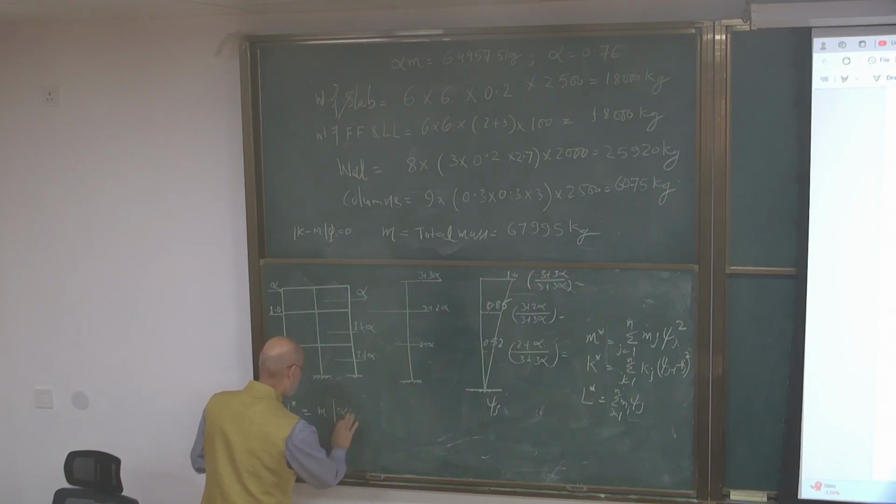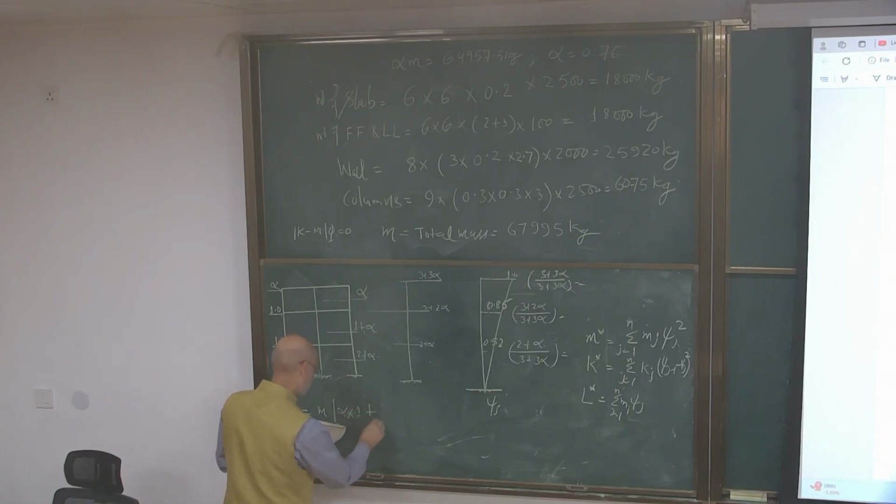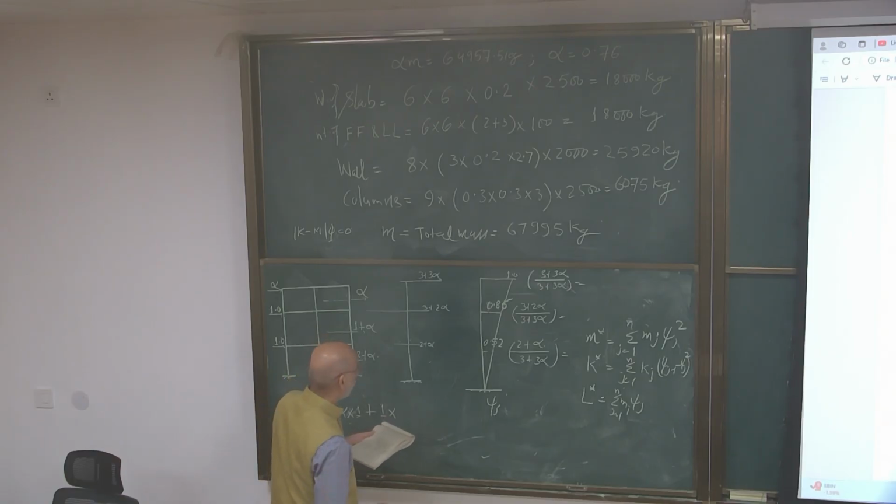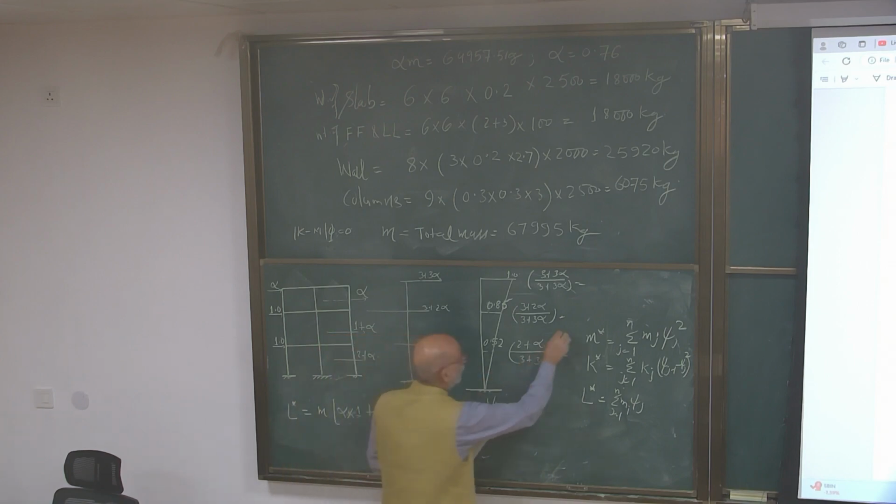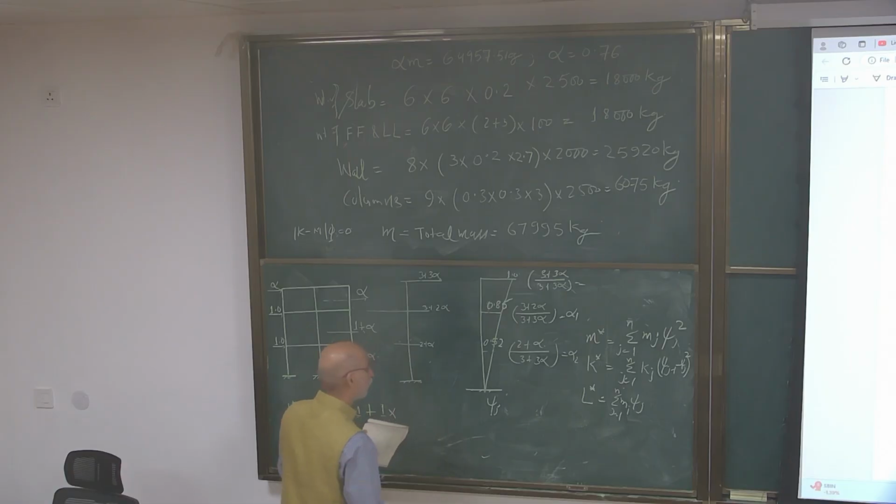So m is 1. Second one is, I took this as alpha 1, just you calculate. Top one is 1.